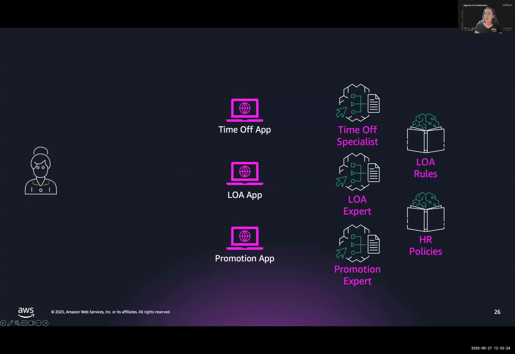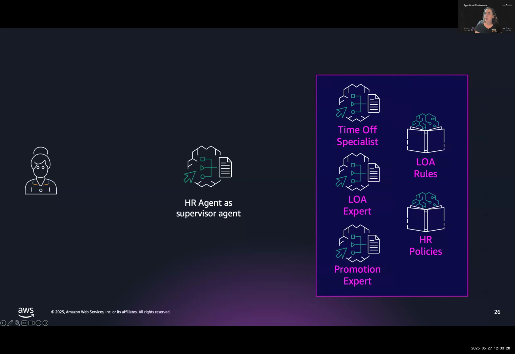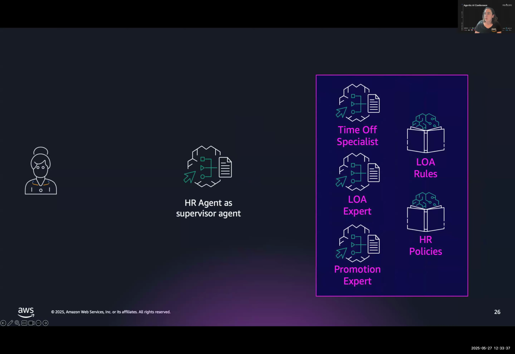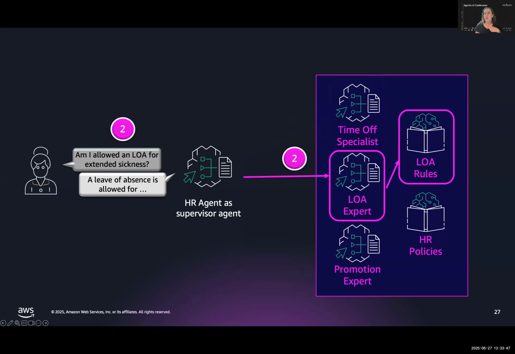So instead of having separate applications, now we end up with this paradigm where you could have a supervisor agent that helps to orchestrate across these. When you ask a question like, hey, do I have vacation time left this year? It knows that it's going to go to its time off specialist agent.